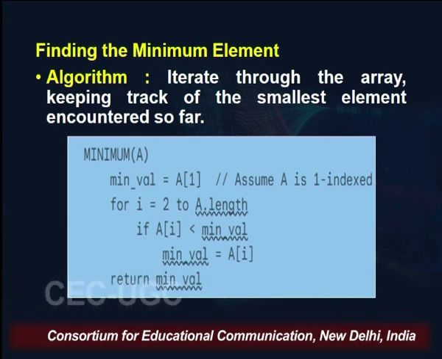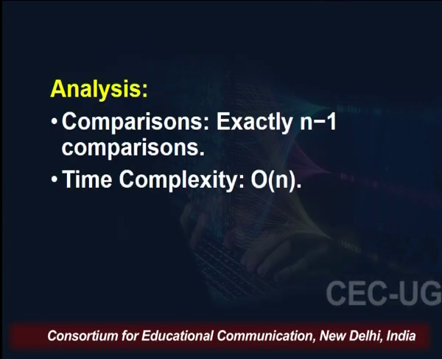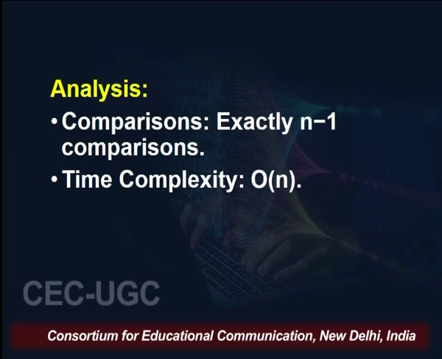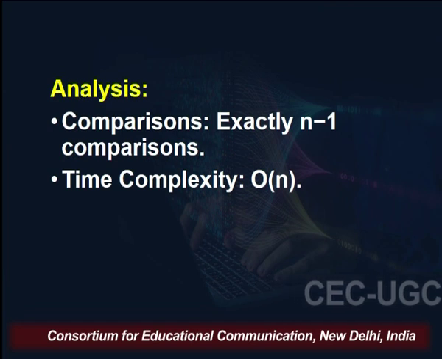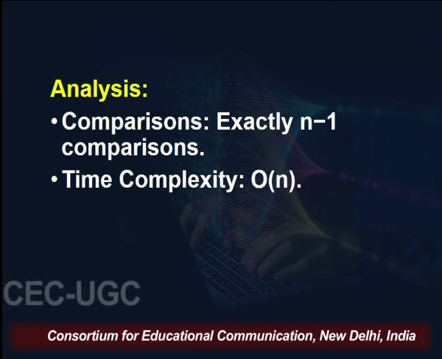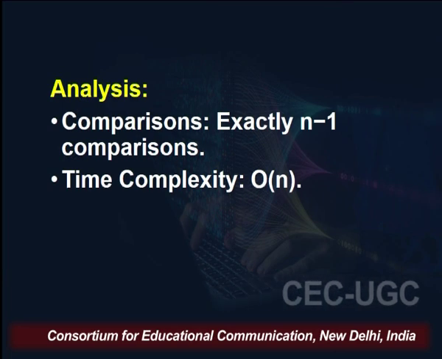What about complexity? The analysis is very simple and it is a very straightforward algorithm: exactly n minus 1 comparisons, because the first element we take as minimum and compare with the other n minus 1 elements, and time complexity is order n. Finding the first order statistic is trivial, and we all know it can be done in order n.